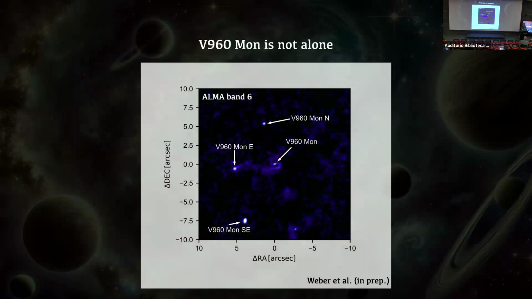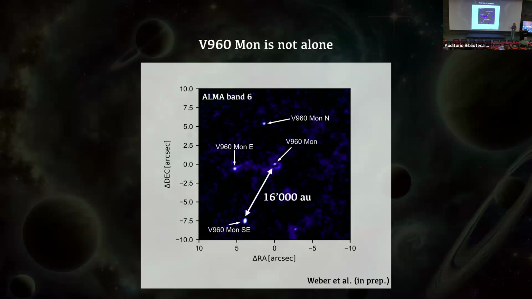Here we see the entire field of view of the ALMA observation, which goes about 10 arcseconds in both directions, and we see there are several other millimeter sources within this field of view. We have one companion to the north, one object to the east, and this thing here in the southeast. Just to give you an idea, this thing in the southeast is about 16,000 AU away from the primary.